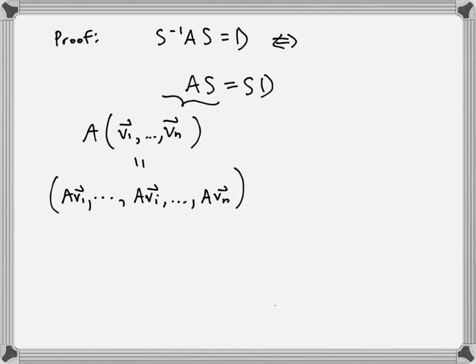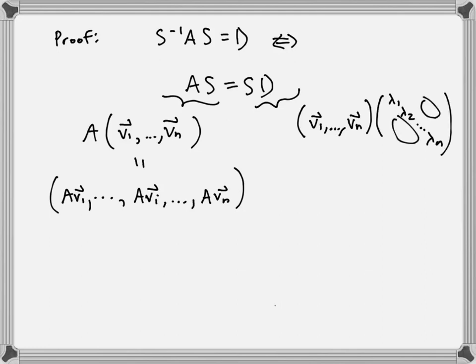Each of these becomes a column. But then what are each of these? Well, let me leave these alone because I want to go on this side and then we will see that these are actually exactly the same thing. S times D is going to be what? It's going to be S, remember, is V1 to Vn. And this is going to be multiplied by the diagonal matrix, right? So it's going to be lambda 1, lambda 2, all the way to lambda n with a bunch of zeros here. Okay, what happens if you multiply these together?